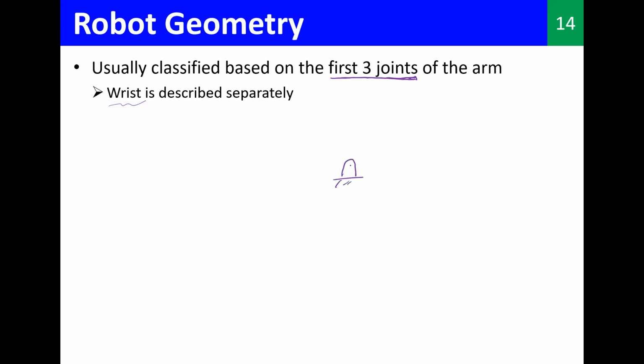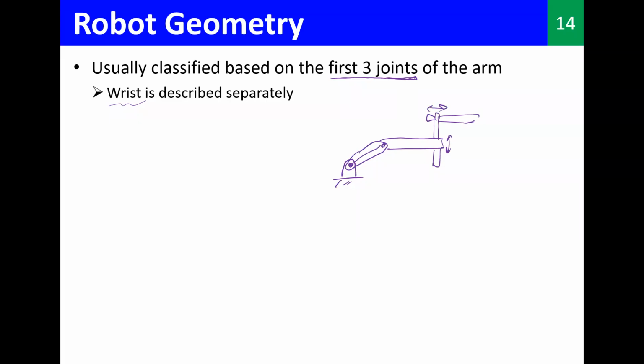Let's say I have one joint, and here we have one link, and let's say another one, and here let's say we have a prismatic joint, so that goes up and down, and I'm just arbitrarily drawing here.